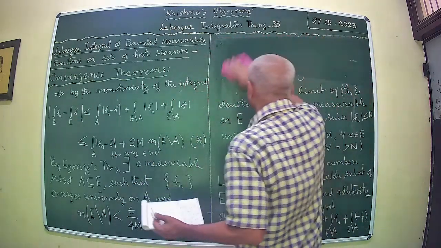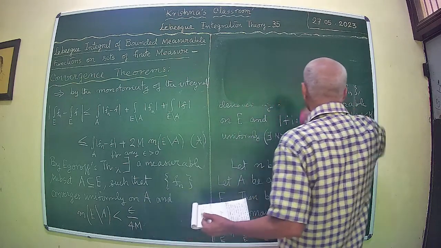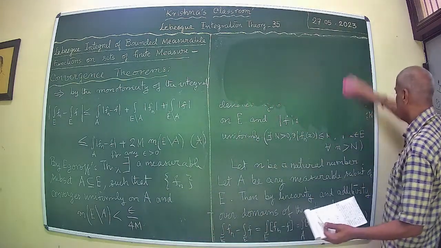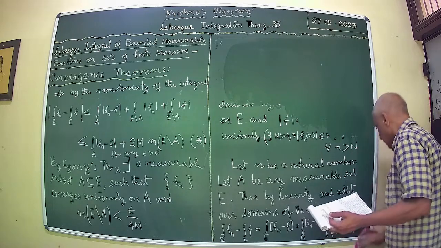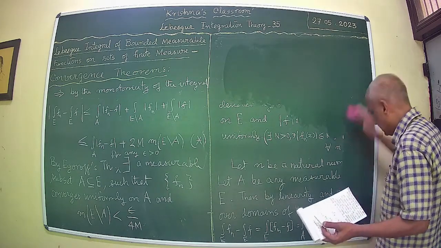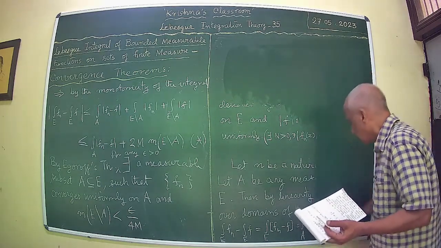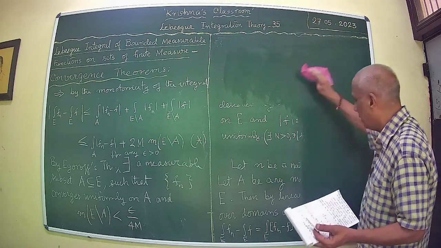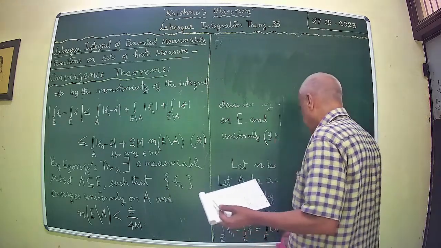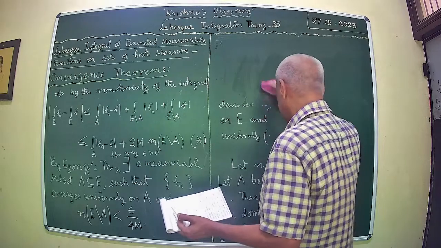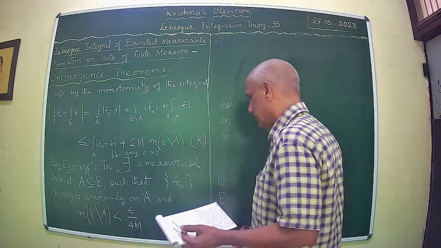Now you see F is measurable, bounded by M on A. That is what the theorem says.